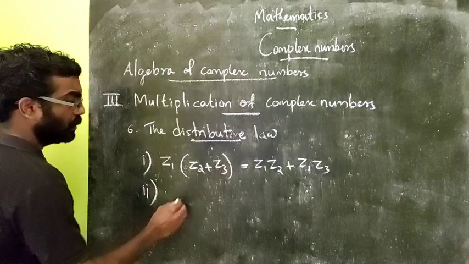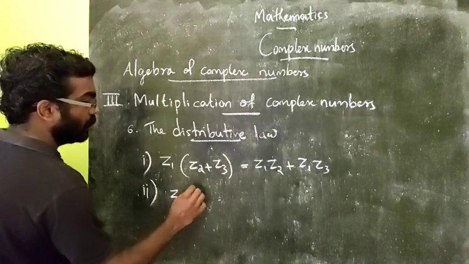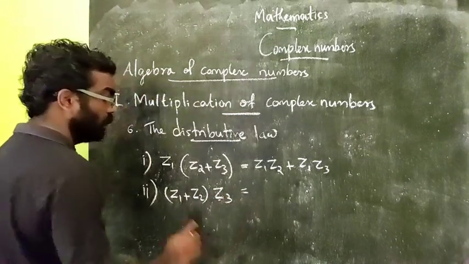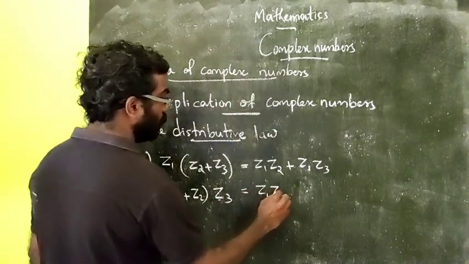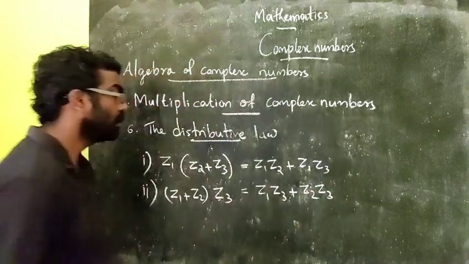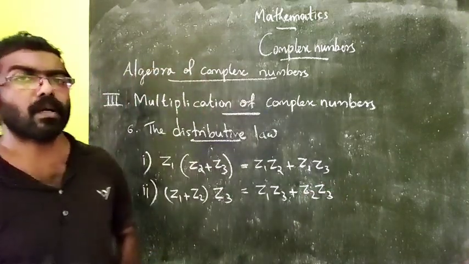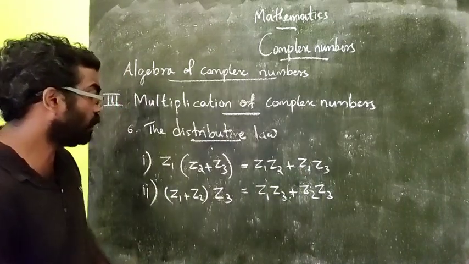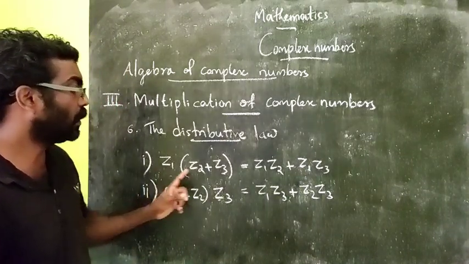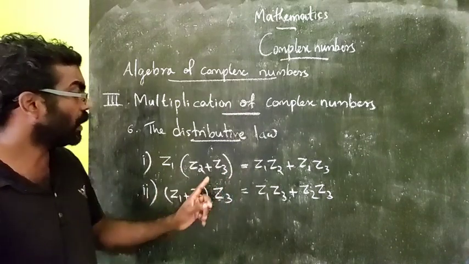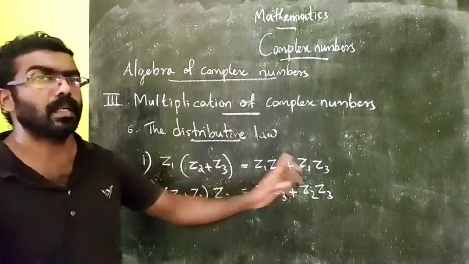And the second one is (Z1 plus Z2) into Z3 will be equal to Z1Z3 plus Z2Z3. So for any three complex numbers Z1, Z2 and Z3 we have Z1 into (Z2 plus Z3) equal to Z1Z2 plus Z1Z3.